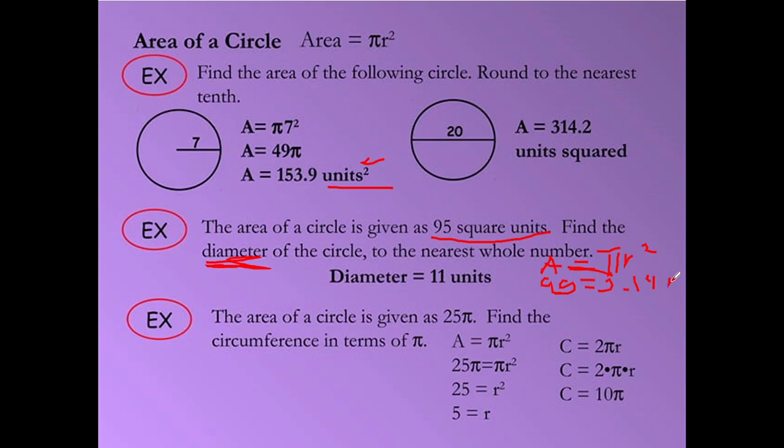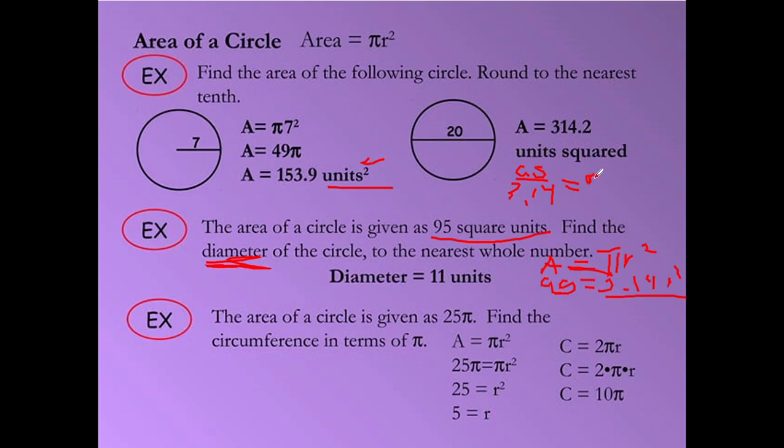R squared is what we are looking for. So, to find the radius, since it is r squared, we divide both sides by 3.14. So, 95 over 3.14 equals r squared.